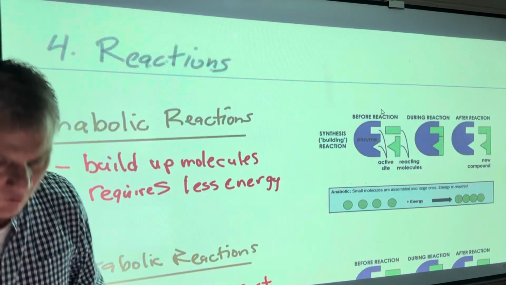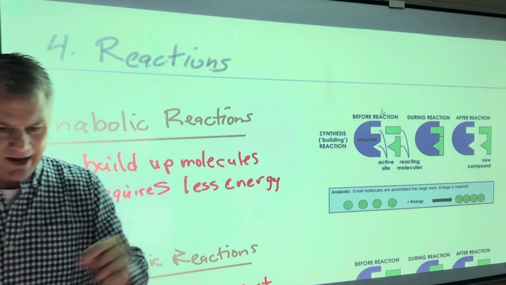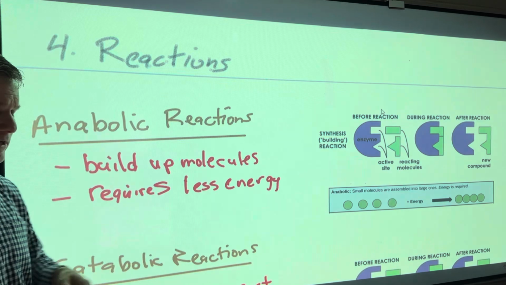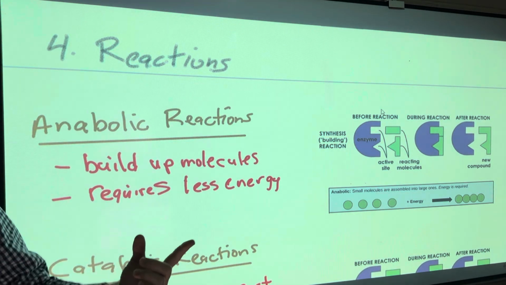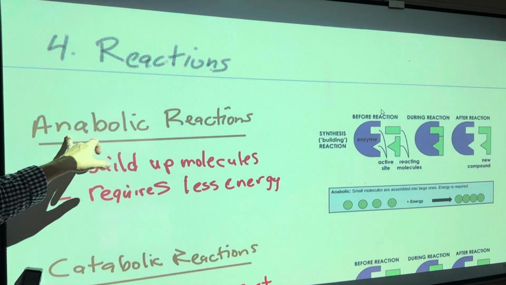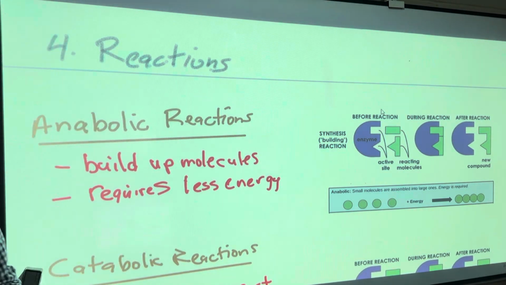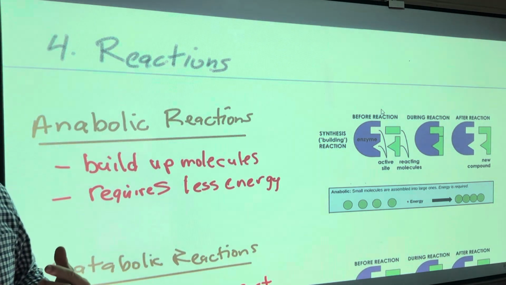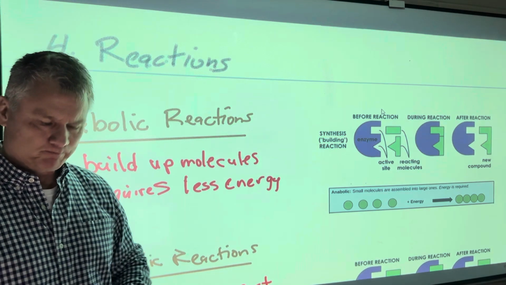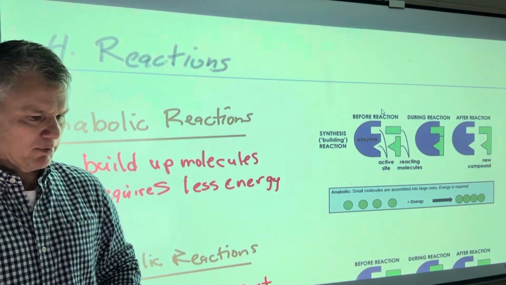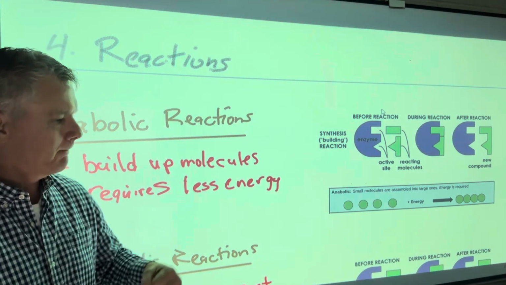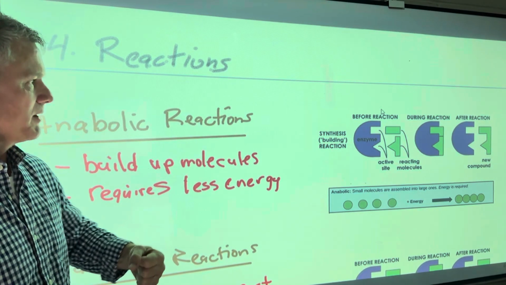Okay, 4, the reactions. Remember, there are going to be chemical reactions taking place, and they're going to be of two kinds. The first one is anabolic. I always tell class that if you think anabolic, you might think steroids. Somebody who wants to get big fast will inject steroids, and that helps them build mass, add to their mass.